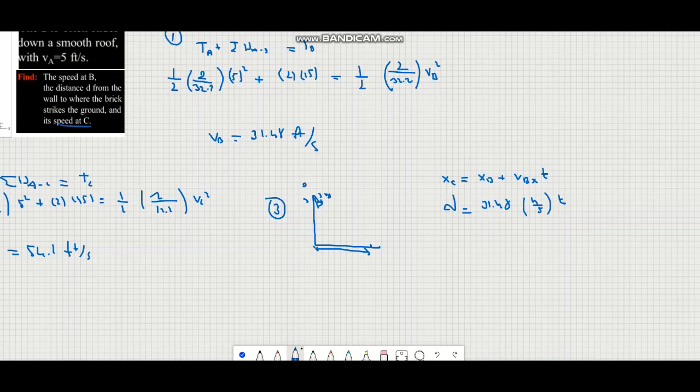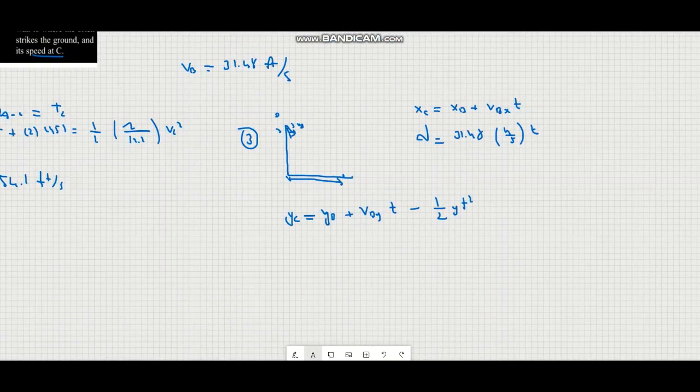We know that YC is equal to YB, which is the Y position of B, plus the initial velocity VBY in the Y direction multiplied by time, minus 1/2 gravitational acceleration t square, which gives us the distance from YC to YB.